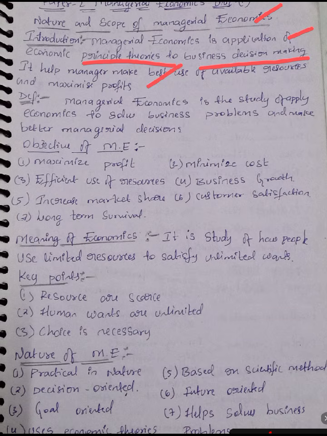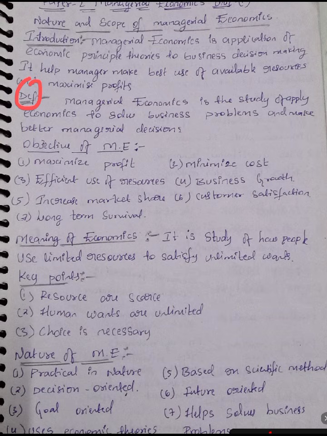They will minimize the cost and maximize the profit. This is one important aspect here. The definition of managerial economics: managerial economics is the study of applying economics to solve business problems and make better managerial decisions.